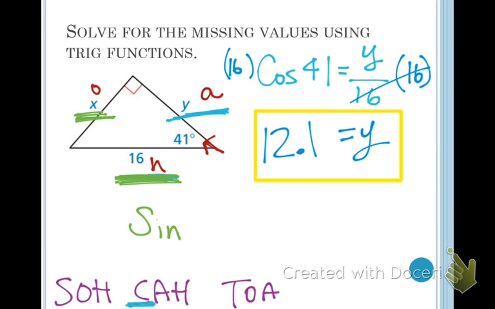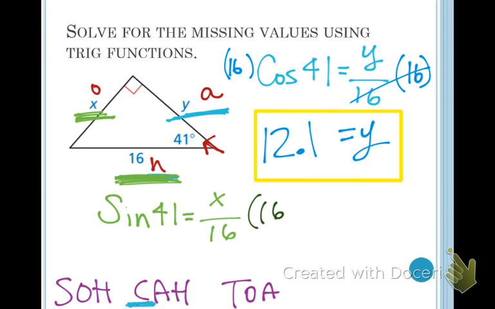Sine of 41 equals the opposite, which is x, over the hypotenuse, which is 16. Do I need to flip this? No, I could just plug it in. So multiply 16 on both sides. Round to the nearest tenth. 10.5.